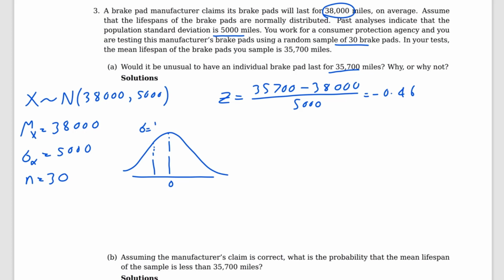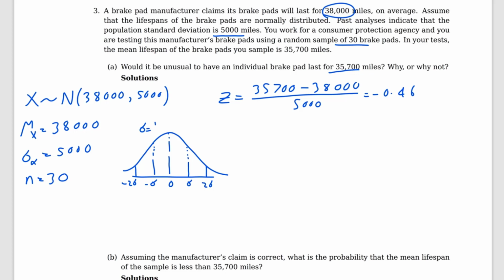This is sigma, this is negative sigma, this is negative 2 sigma, and this is 2 sigma. According to the 68, 95, 99.7 theorem, could you remember?